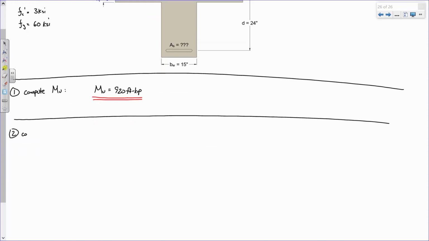Step two is to compute required Mn. So that's 920 foot-kips divided by a phi of 0.9.